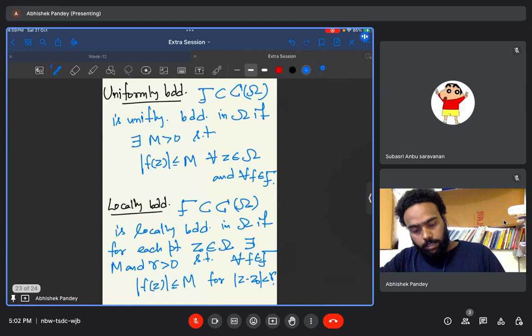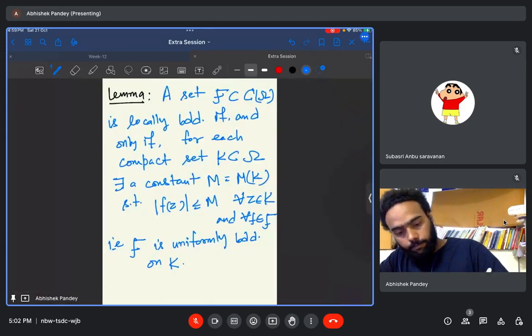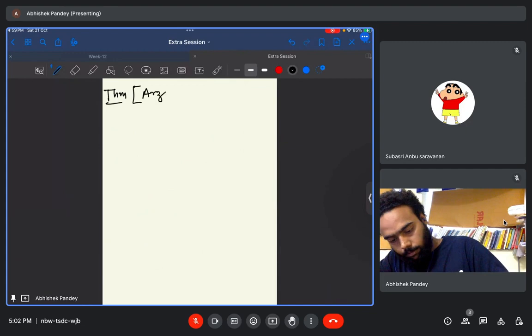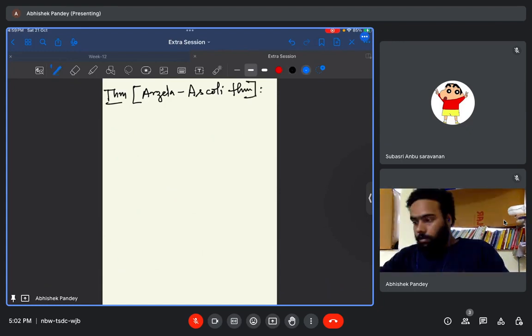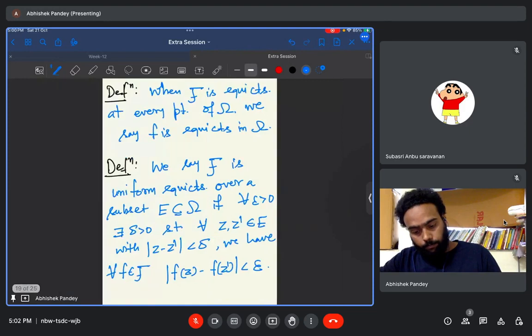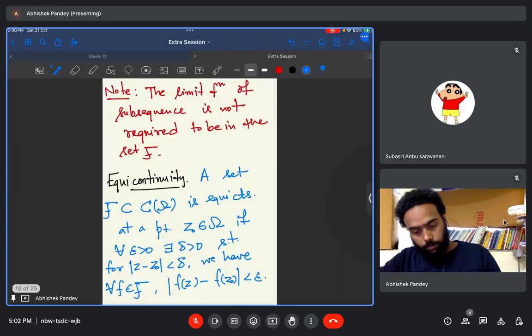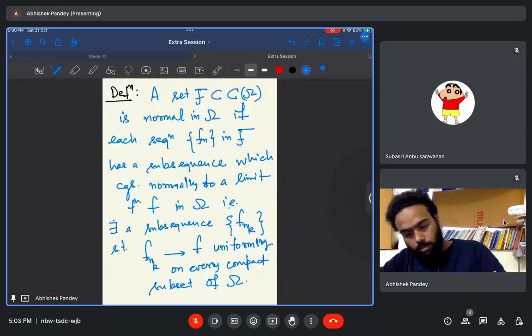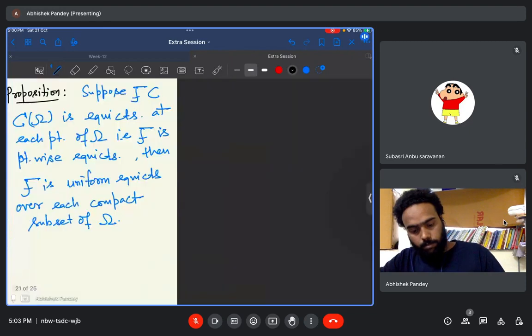Now we will state the Arzelà-Ascoli theorem. So this gives an equivalent criterion for being a normal family. The normal family I've already defined.